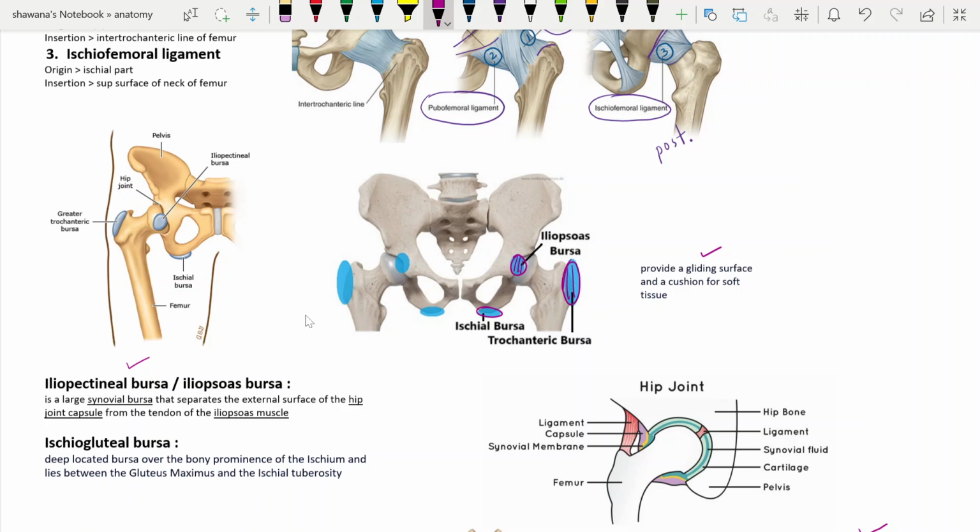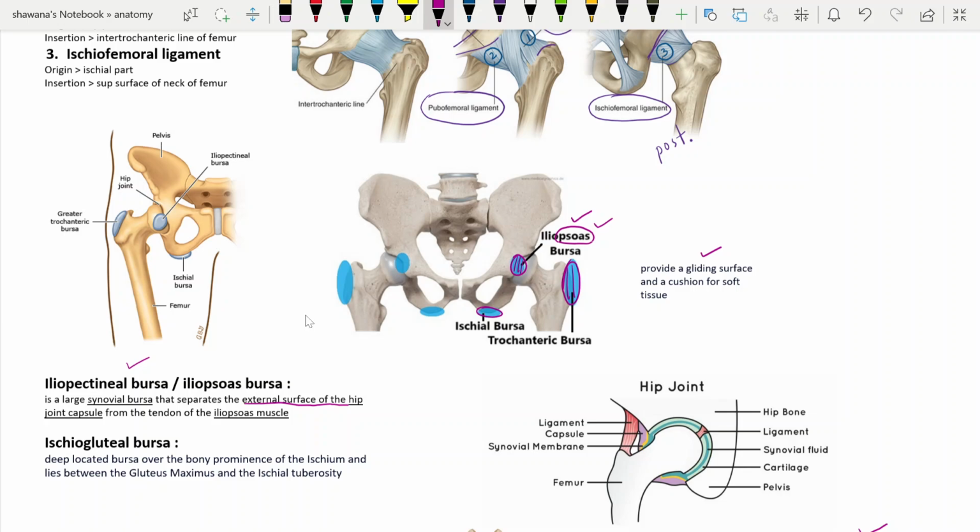First is the iliopsoas bursa. As the name suggests, there must be some indication of the psoas muscle. So let's discuss it. It is a synovial bursa that separates the external surface of the hip joint capsule from the tendon of the iliopsoas muscle.